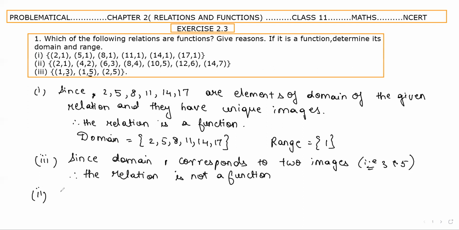Second question. Here, your domain values are unique: 2, 4, 6, 8, 10, 12, 14, they are unique in nature.